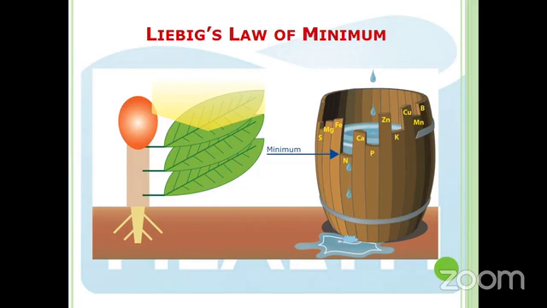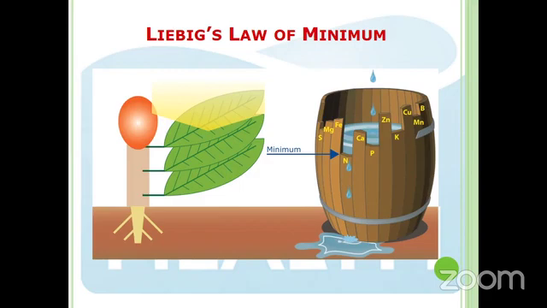If you see this picture carefully, there is a leakage of yield from one particular point, and that point is nitrogen. That means nitrogen is deficient in that soil, and that nitrogen is deciding the yield of your crop.